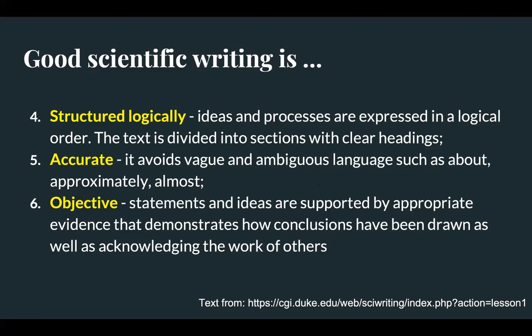Avoid using things like approximately unless it's absolutely necessary. It's objective, so statements and ideas are supported by appropriate evidence. So you've done work, you've done research, and you have the results to back up whatever statements you're making, or other people have done work. And so you have a way of backing up whatever statements you're making.